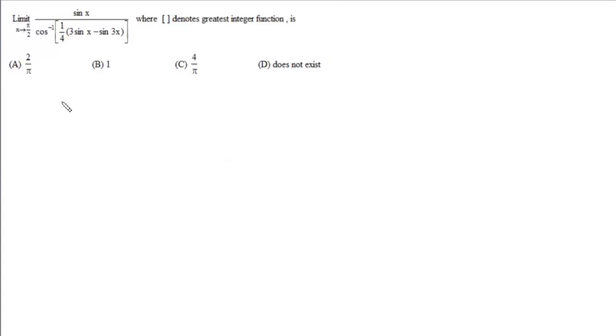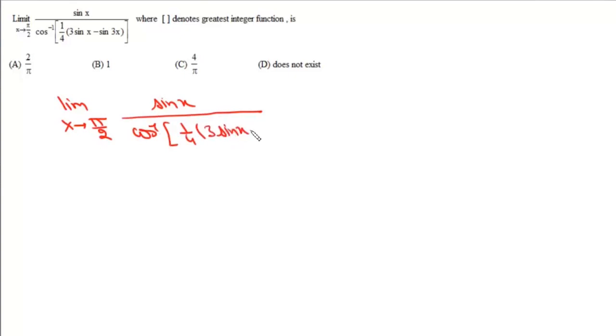Now here the question is, we need to find this limit as x tends to pi by 2 of sin x upon cos inverse of the greatest integer function of 1 by 4 into (3 sin x minus sin 3x), where this box represents the greatest integer function.